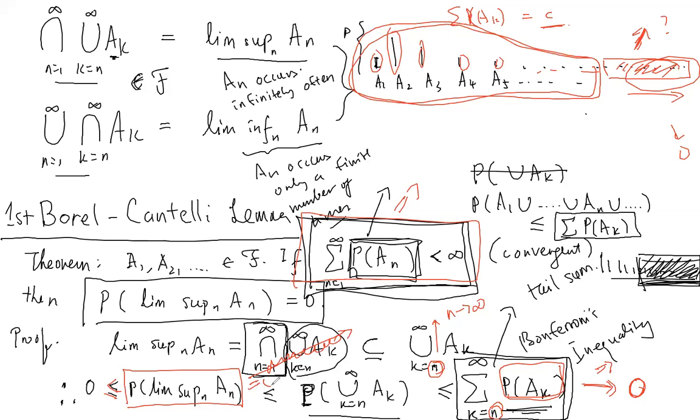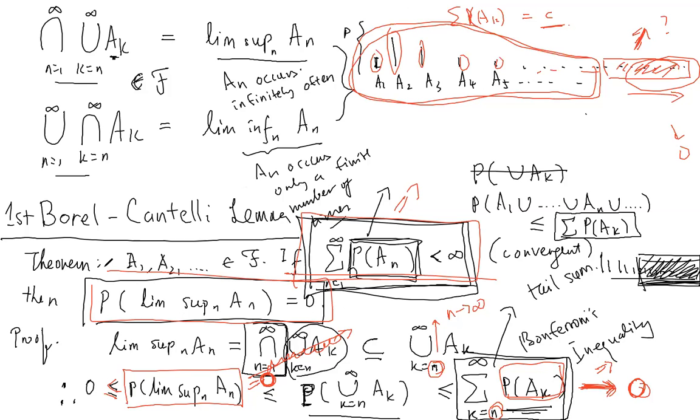So it is equal to 0. Because as you take the limit, this converges to 0. So it's being squeezed between 0 and some value that is fast approaching 0. So it becomes 0, yeah? Okay, so that's the argument. So if it's convergent, then definitely your P of lim sup is equal to 0.